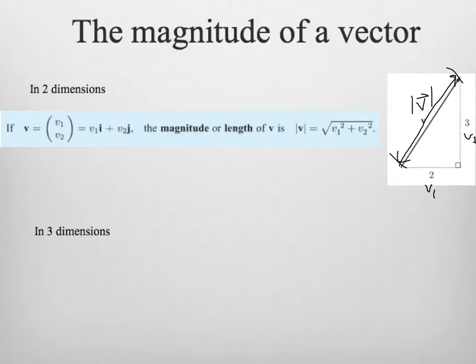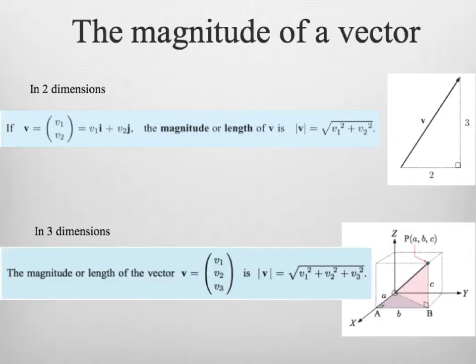Well, in 3 dimensions it's exactly the same thing, except we're doing the Pythagorean theorem twice. Okay, if you look at this picture over here, we're going to go from the origin all the way to point P. So if I want to find this distance, I have to use Pythagoras' theorem with this height c and with this bottom leg, I guess, of the right triangle.